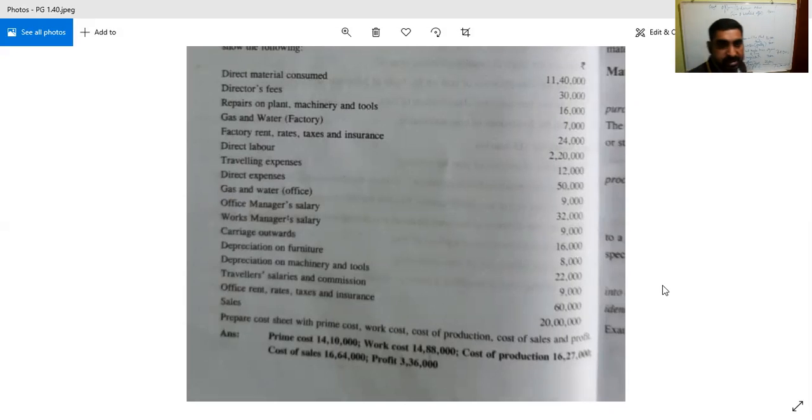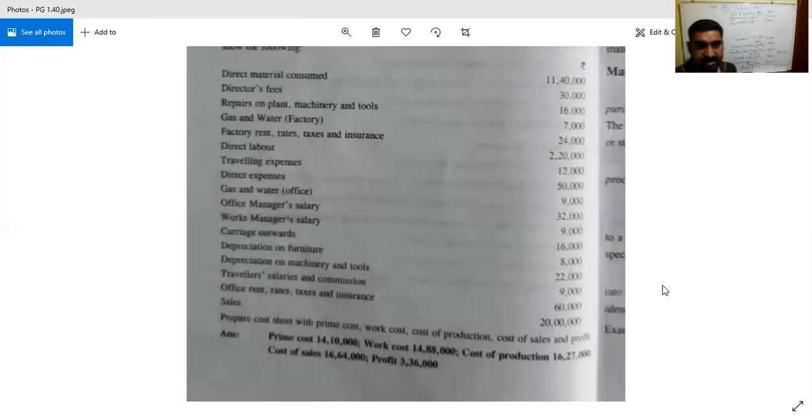So gas and water office 9,000. Office manager's salary 32,000. Then work manager already taken. Carriage outward is not office. Depreciation on furniture: which furniture? It is office furniture, so I think it is 8,000.